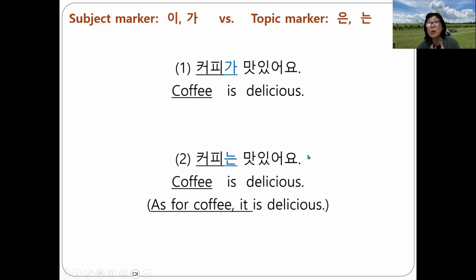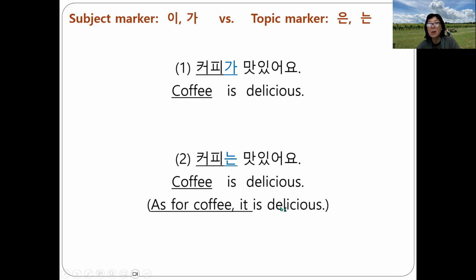So the difference between the two is that when the speaker says 커피가 맛있어요, the whole message gets the focus on something being delicious. However, the word coffee is simply used as a subject in the whole message.